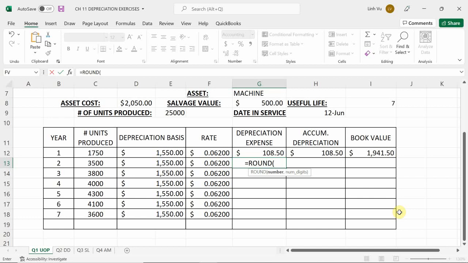So we have 500 by the rate, which is 0.06200. I got 3,500 by 0.06200. I got 217.